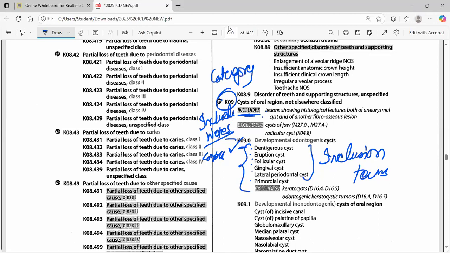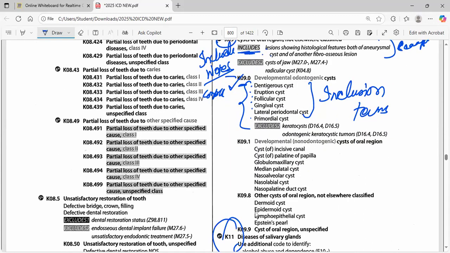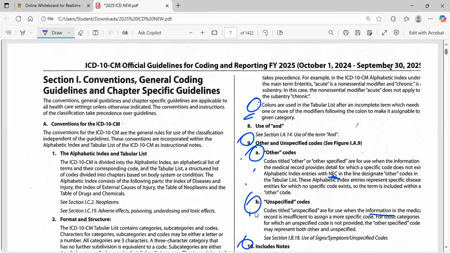Whereas the include note just provides an example of what type of conditions we can see in this category. So inclusion terms listed below the complete code tell us that we can use this code for these listed conditions in conjunction with this also. Whereas the include note just gives us an example of which conditions this category belongs to.